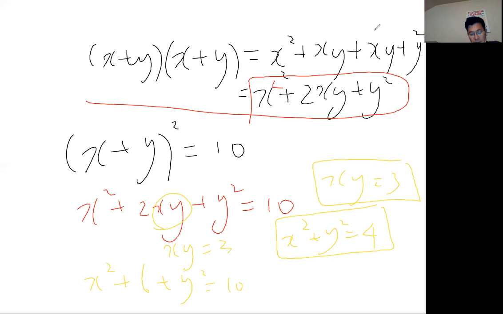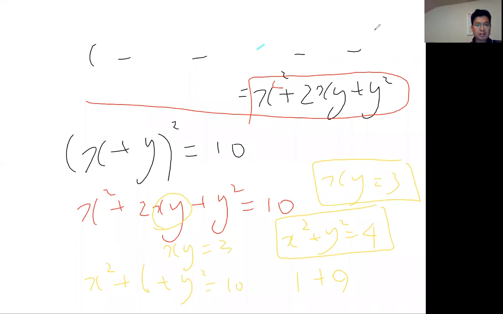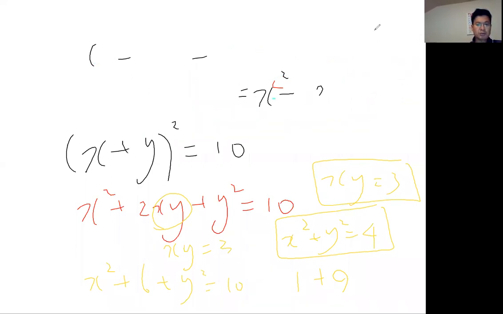Then think about this situation. For x times y equals 3, let's assume x is 1, then y has to be 3. If you plug that in, 1 squared is 1 and 3 squared is 9. That doesn't work. One by one, if you plug in more and more, you probably find that nothing works, so the answer is 0. But a more intelligent way to prove this is to draw a graph.